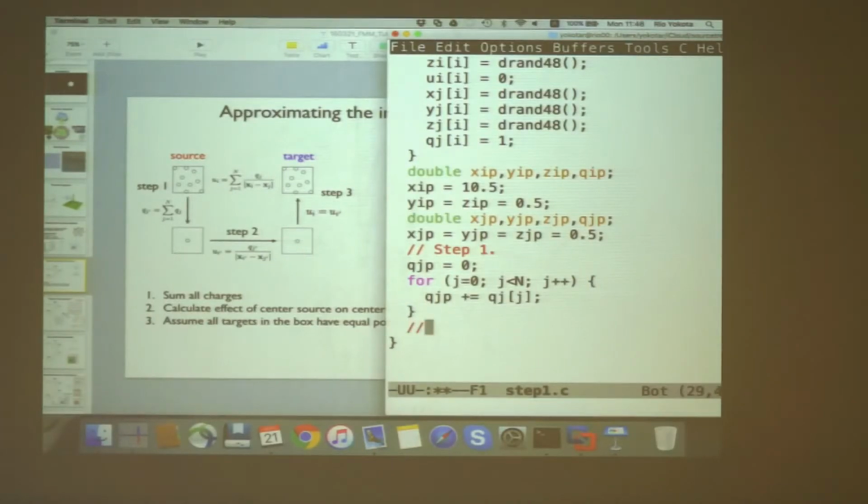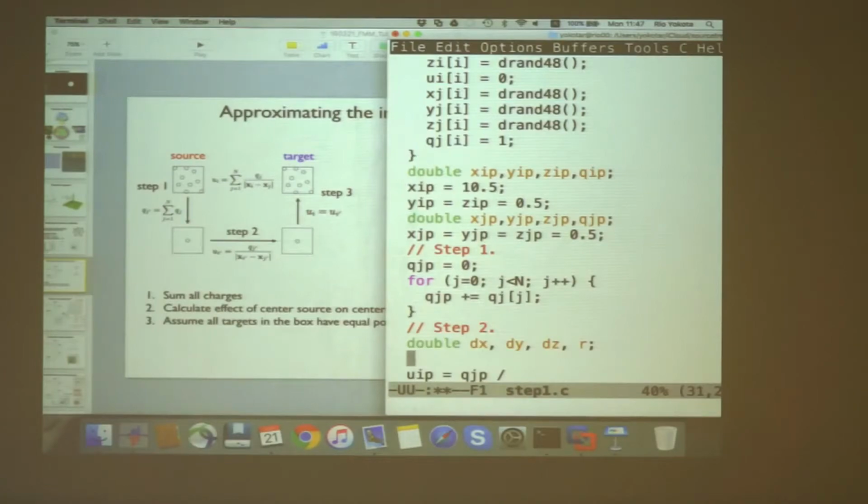Okay, now step 2. We need to calculate ui prime from qj prime divided by, to calculate the distance, maybe we should create some more variables like dy, dz, and r.